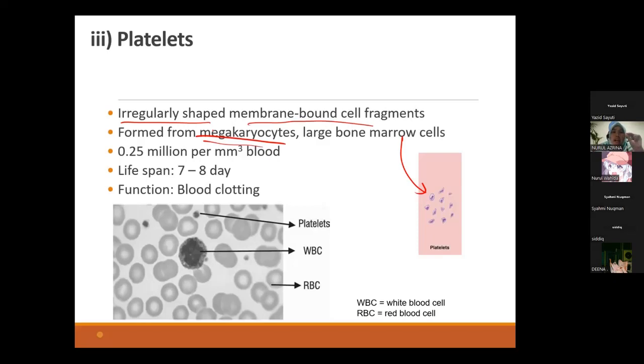So megakaryocyte is found in our bone marrow. It is one of our bone marrow cells lah, macam ibu lah, the mother cell within the bone marrow. Okay, so the lifespan is around 7 to 8 days, and the function of platelet is to assist in blood clotting.